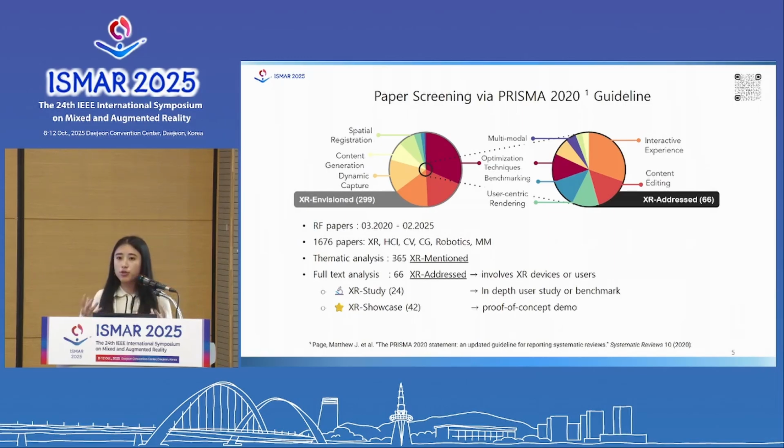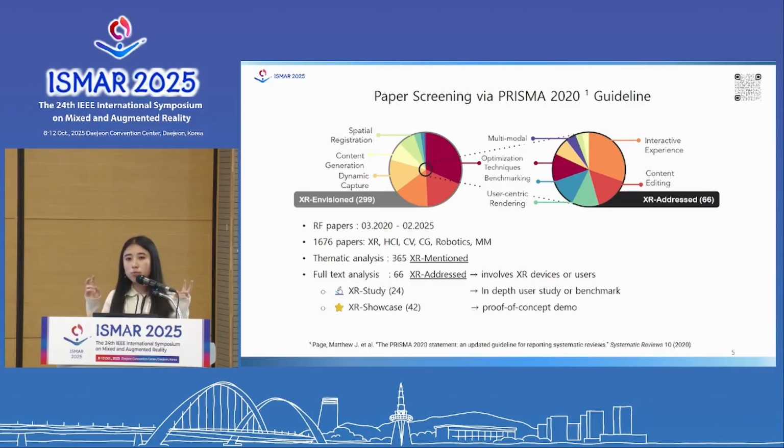And from those over 300 papers, we have identified 66 XR address papers, which involve either an actual in-depth user study, which we label as XR study, in actual extended reality application or experience, or include a technical benchmark on headset. In those XR address papers, there are also XR showcase papers.